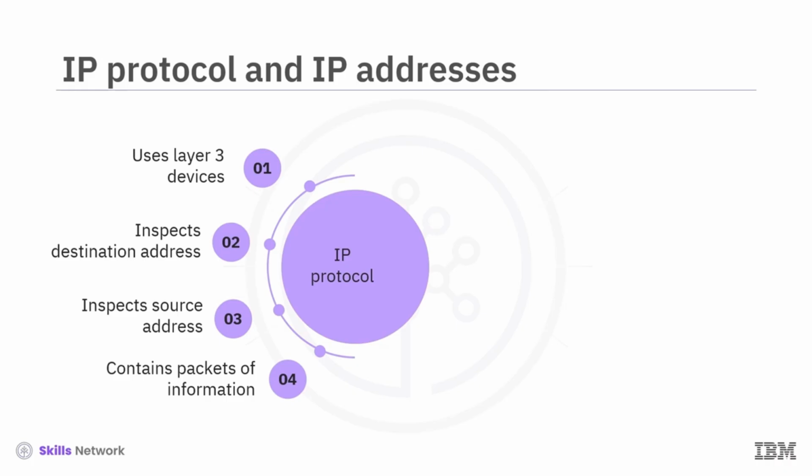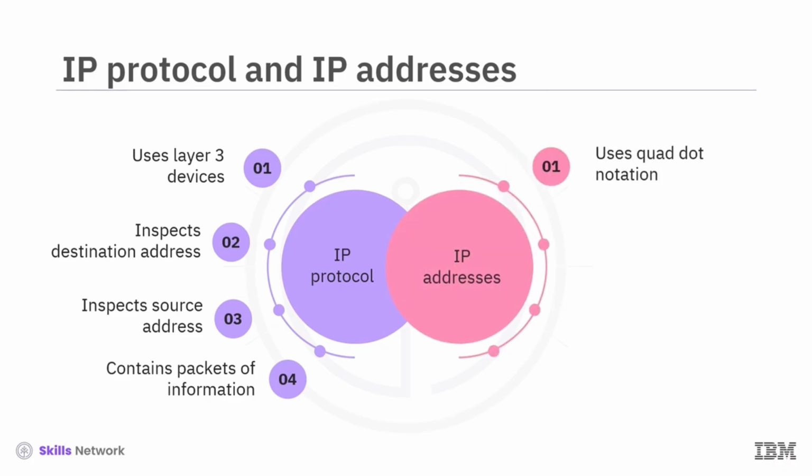source of the traffic. On the other hand, IP addresses are represented by a quad dot notation, or a string of 4 numbers separated by dots. For example, 10.195.210.10. In this example, there are 4 octets, or 4 groups of 8 binary bits, separated by dots.